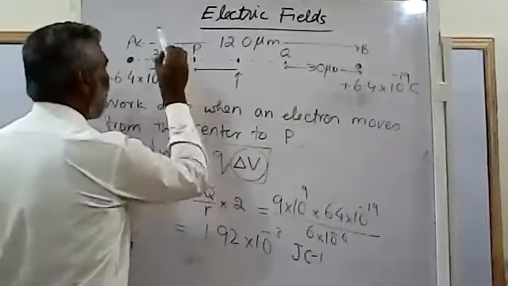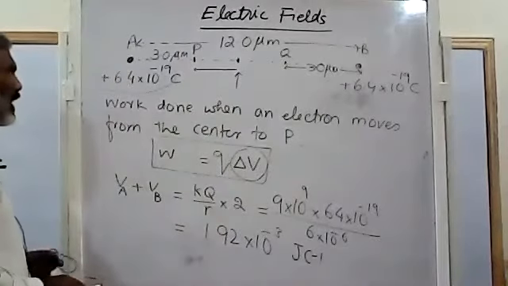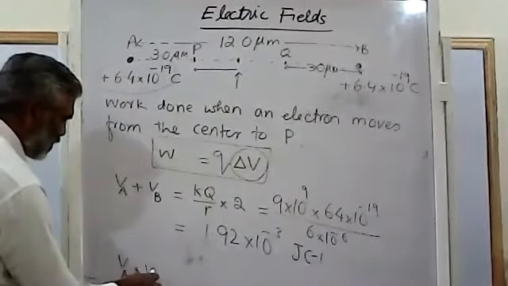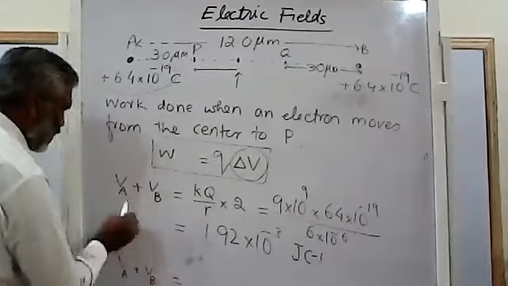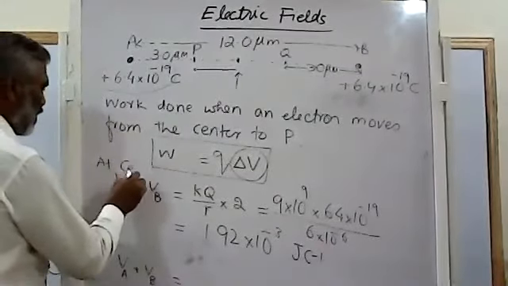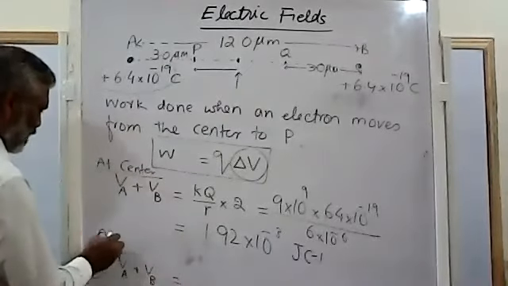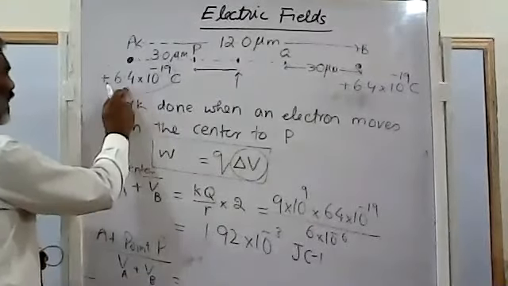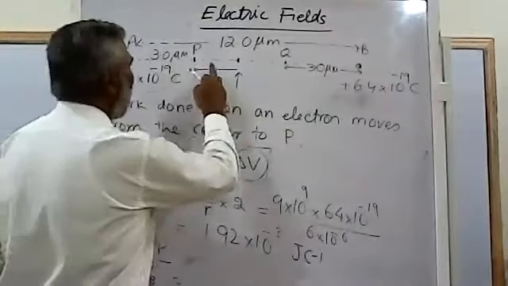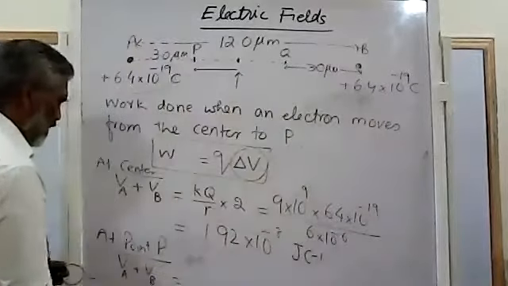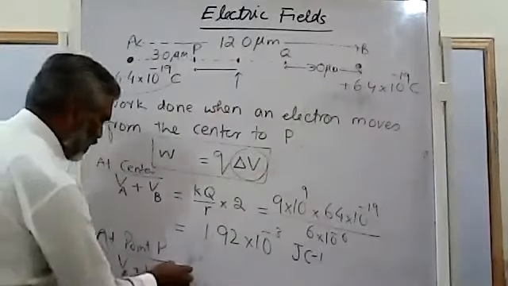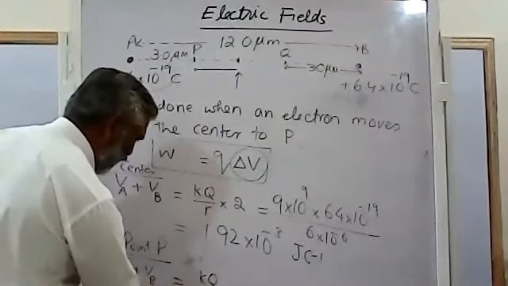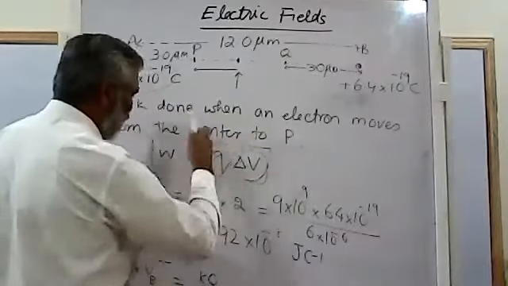Now what is the potential at P? A similar exercise is for the potential at P. Again, potential due to A plus potential due to B. So this is at the center and this is at point P. At point P now, you have potential due to this, which is VA again, and potential due to the charge at B at this P. So this time, this is KQ over R. Now R will be different in the two.